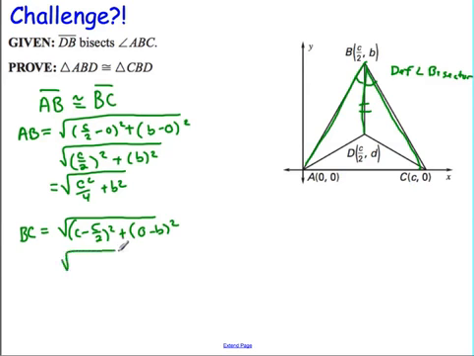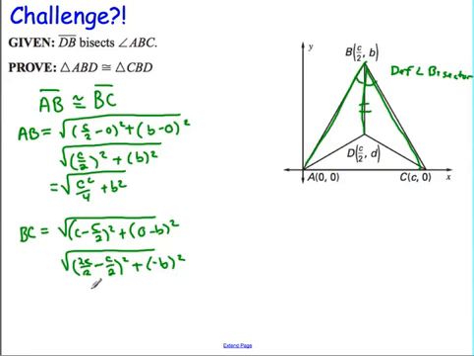I'm going to rewrite C as 2C over 2 so I have common denominators. That says 2C over 2, when I subtract C over 2, like so. 0 minus B is just going to be negative B, and I'll square that. What I did here is I was just getting common denominators. So I have 2C minus C all over 2.